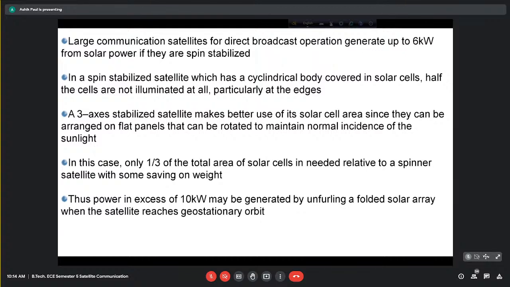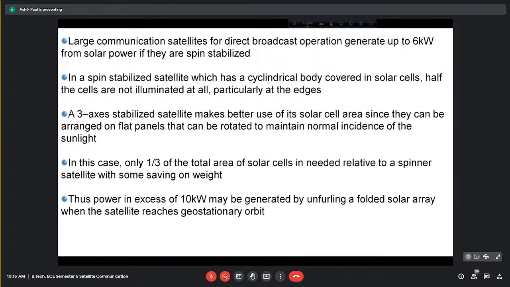In this kind of three-axis stabilized satellite, only about one third of the total area of the solar cells is needed, if you do a comparative analysis relative to a satellite stabilized by spinning.